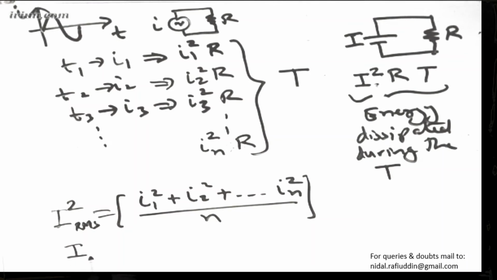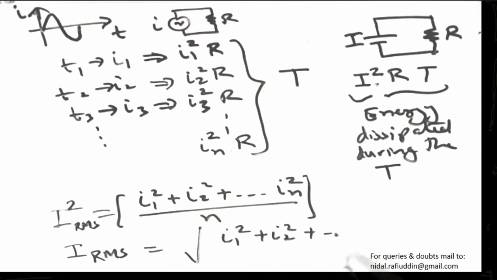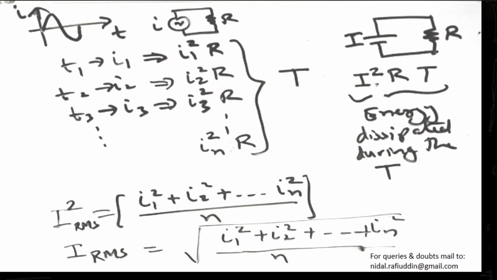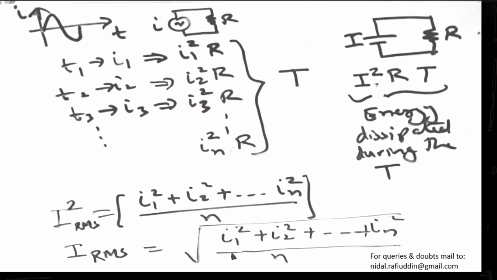So IRMS can further be written as under root of I1 square plus I2 square up till IN square, divided by N. And if we further generalize this, since we had assumed we have taken instantaneous values in the continuous curve, we come up with an expression having instantaneous values.